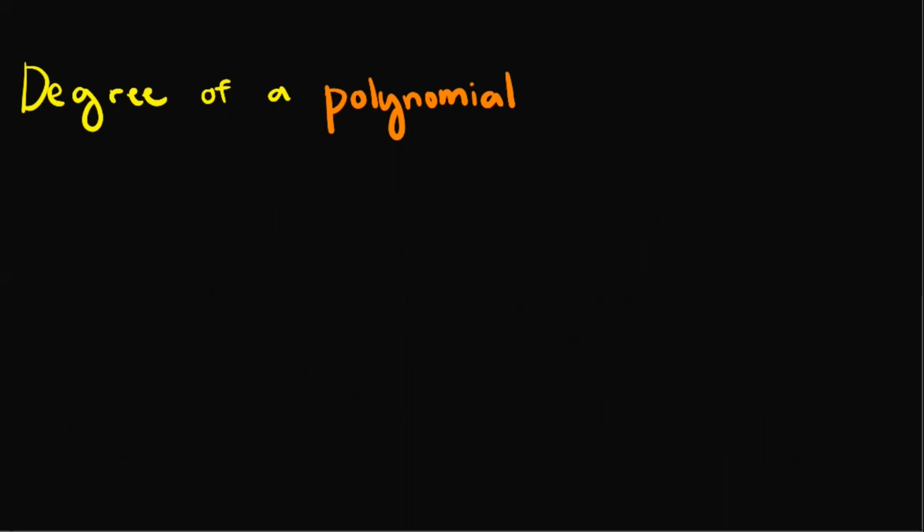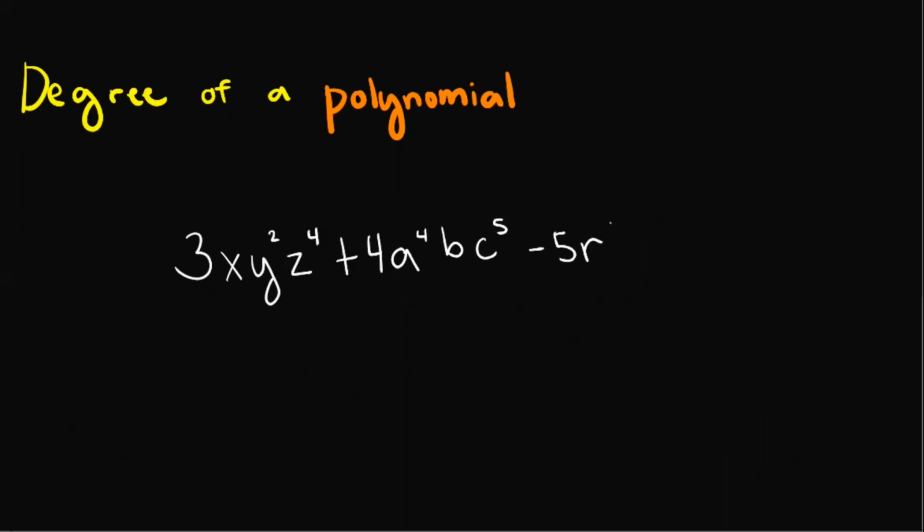Let's have one last example. If we have 3x y squared z raised to 4 plus 4a raised to 4 b c raised to 5 minus 5r cubed s raised to 4 t raised to 4.